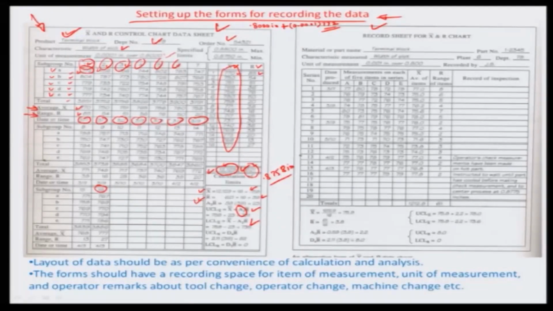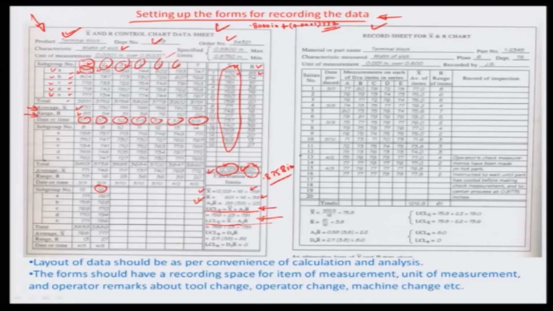As you can see here, the A2 value is what gives the upper control limit. Let us just look at this UCLX value here. You have X double bar plus A2 R bar, and you also look at the LCLX value here, X double bar minus A2 R bar.